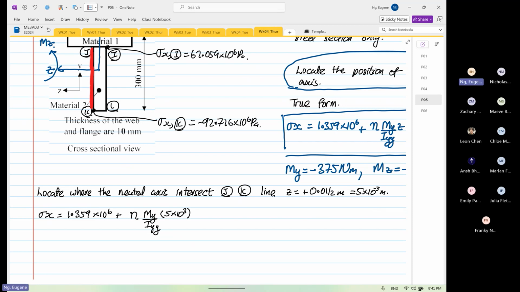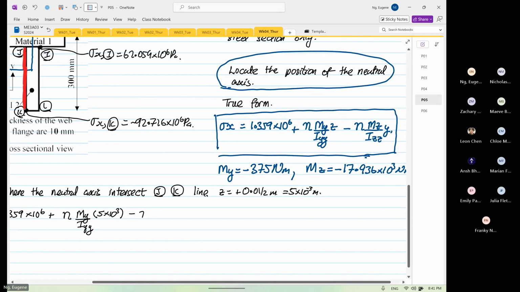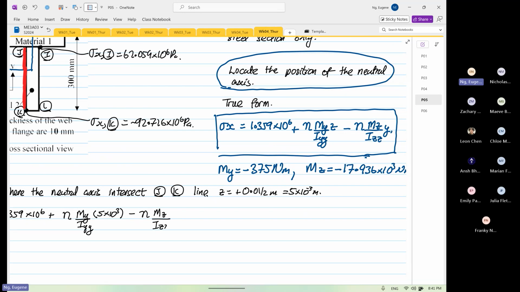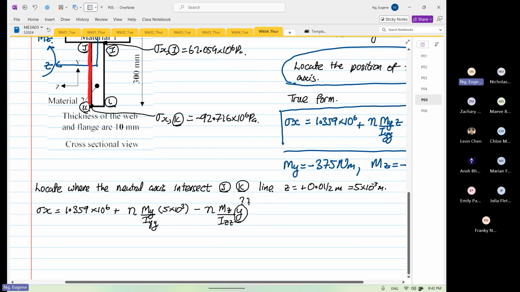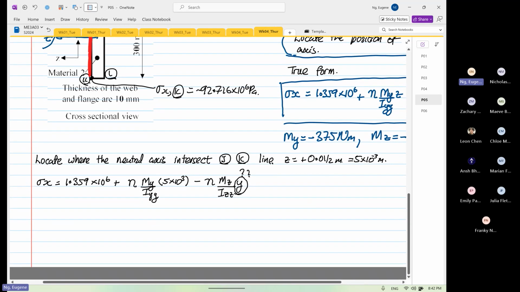And then plus or minus Mz over Izz multiplied by Y. It is this Y that we want to identify. This Y will tell us where the zero stress will intersect the JK line.